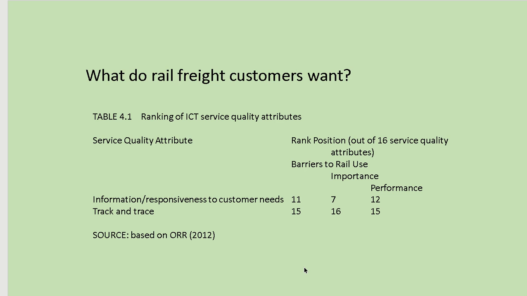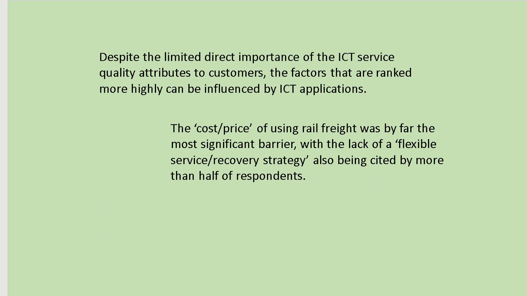You see this? Most people want information about how things are, and they also want track and trace. They would like to know at what point in time a particular item is, where is it now?